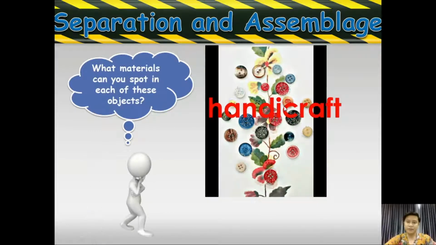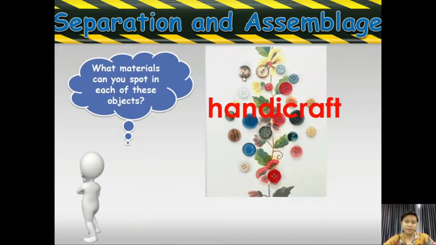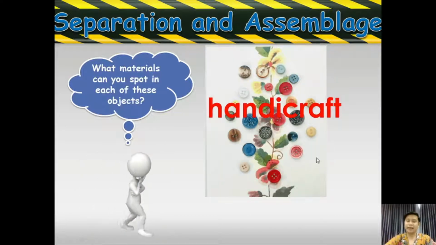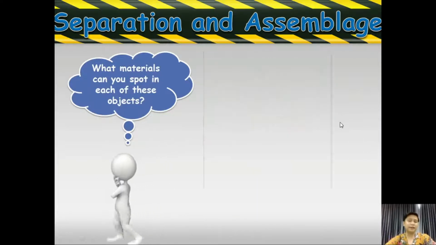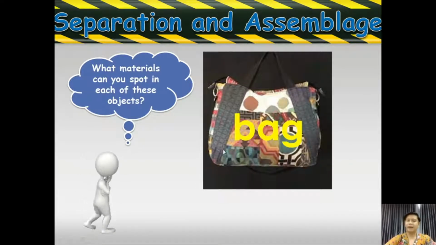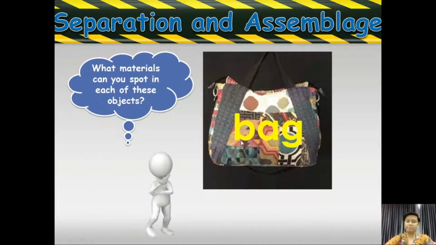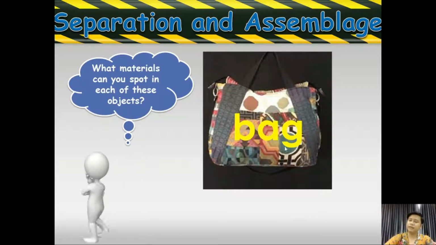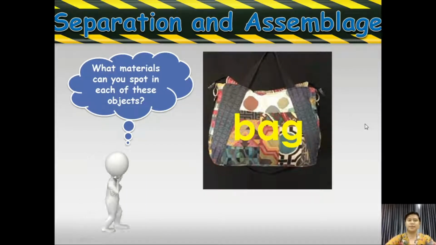So, the button, you can use it in another way, for example, as a design. How about the fabric? You can use it to make a bag. Very good. So, spell bag. B-A-G. Bag.